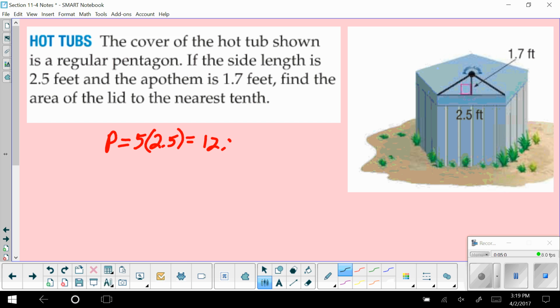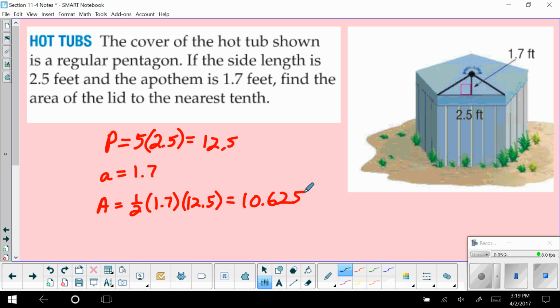Then my area is going to be 1/2 times the apothem times the perimeter, and that's going to be 10.625 square feet, since distance was measured in feet.